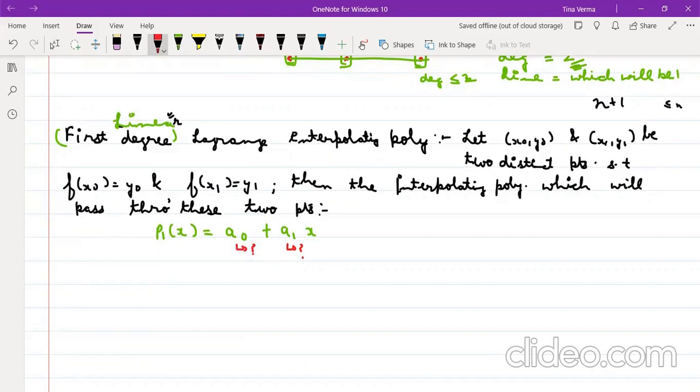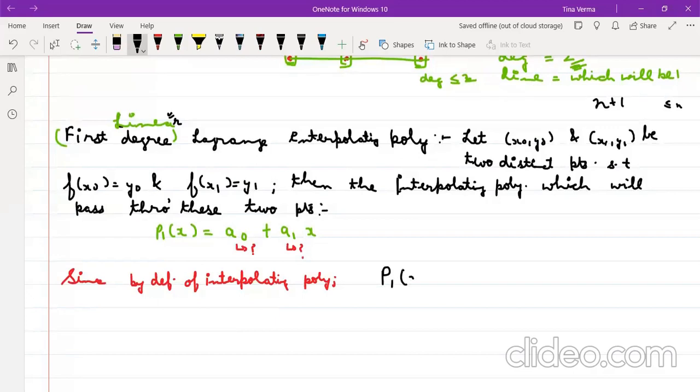We will use the concept that, by definition of the interpolating polynomial, the polynomial value at the nodal points is the same as the function value. That means P1 of x0 is y0, and y0 is the function's value at x0.